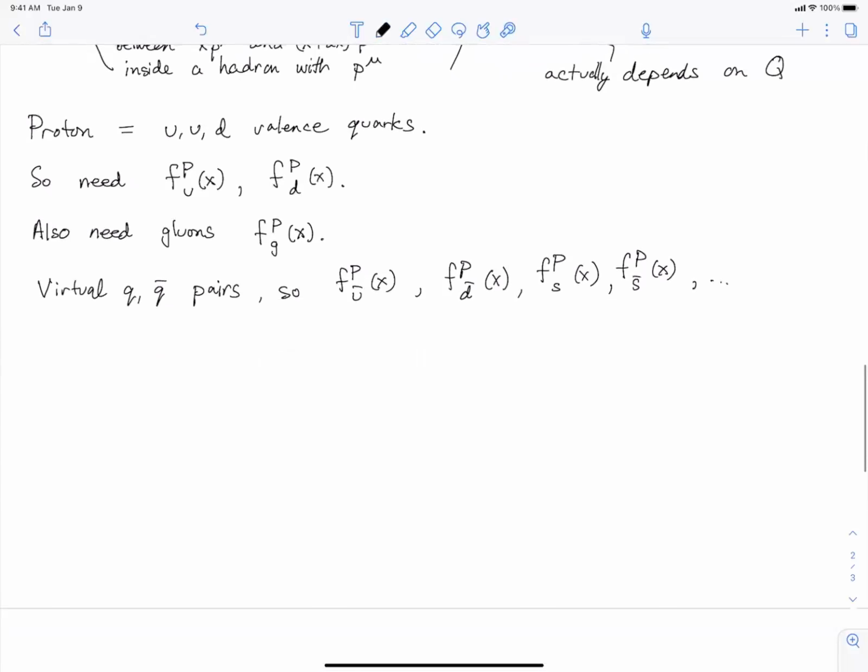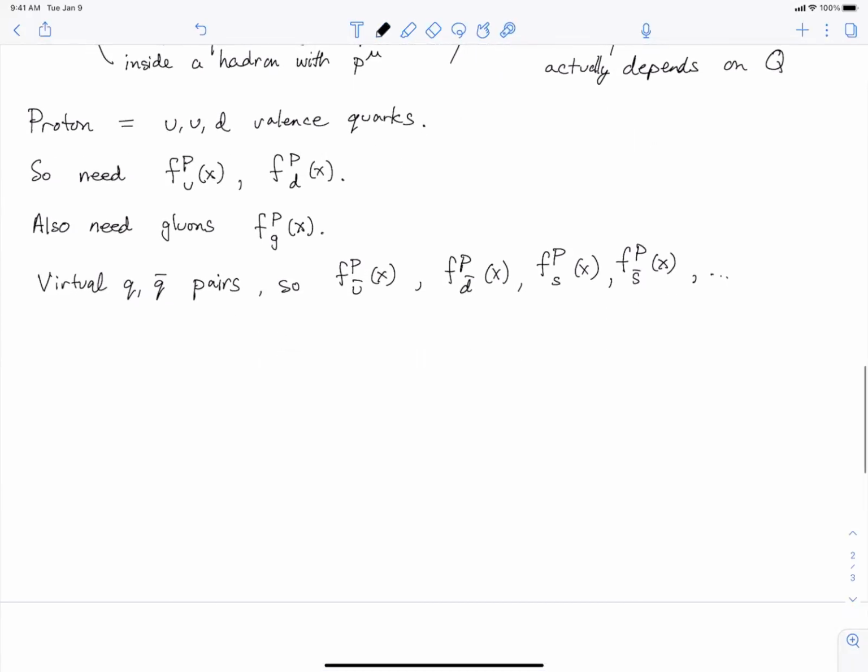So let's say you knew these functions for the proton, then just for the antiproton, you would also know them because protons and antiprotons are just related by changing every particle into an antiparticle. So given the PDFs for the proton, those for the antiproton follow.